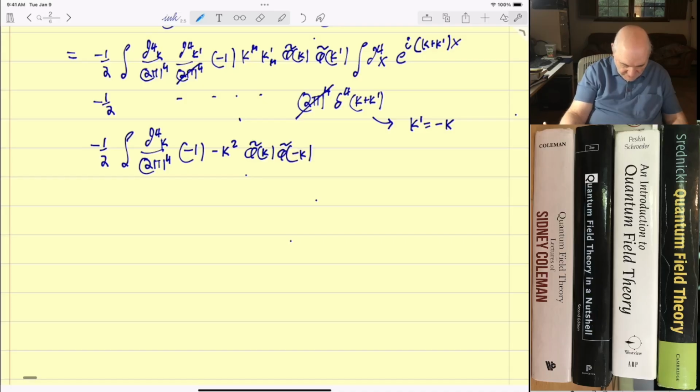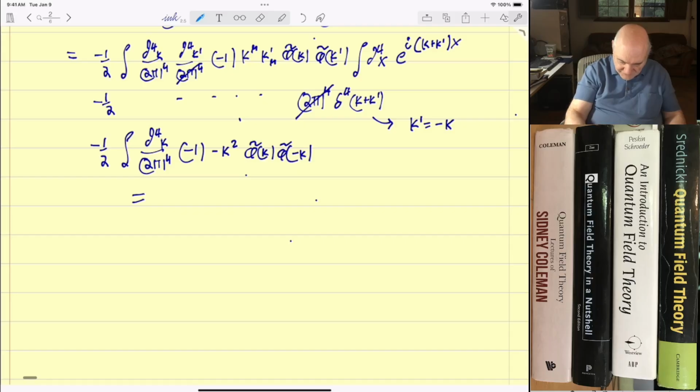Now canceling out all the signs, I had one minus sign, two minus signs, three minus signs. I'm supposed to get three minus signs.